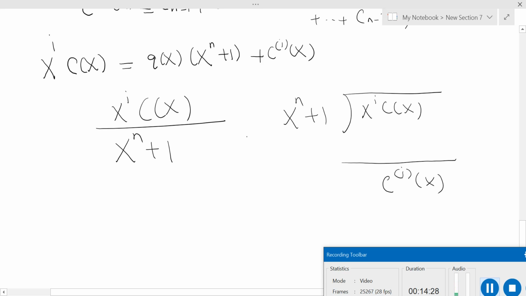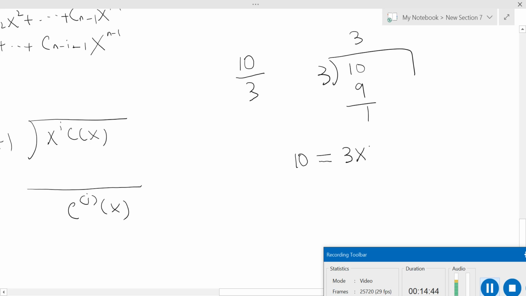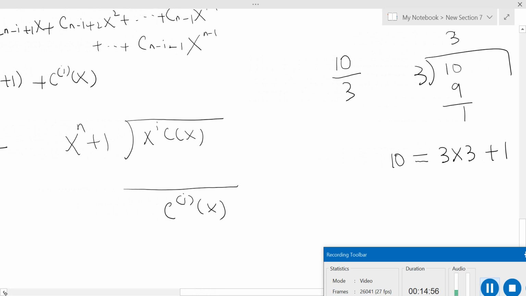Look at the basic mathematical expression. Suppose you have 10 divided by 3. So 10 divided by 3 is 9, remainder 1. So you can write 10 is equal to 3 into 3 plus 1, right? So this 3 will be your q of x, and this will be the remainder.